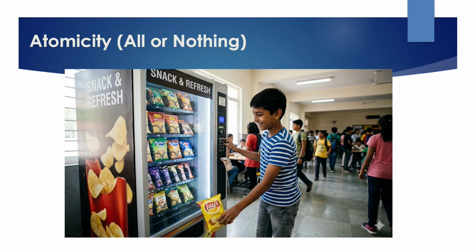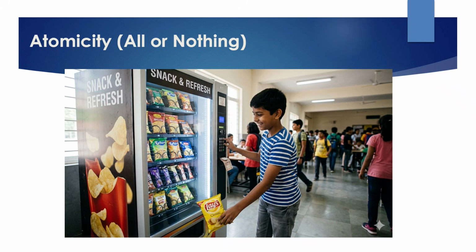Now we all like to take food from the vending machine, just like this boy. This little boy has to enter the money into the vending machine. He will select the packet he wants. Then the machine will work accordingly and give him the packet he wants. If all the steps work fine, then it is a happy moment for him, right?